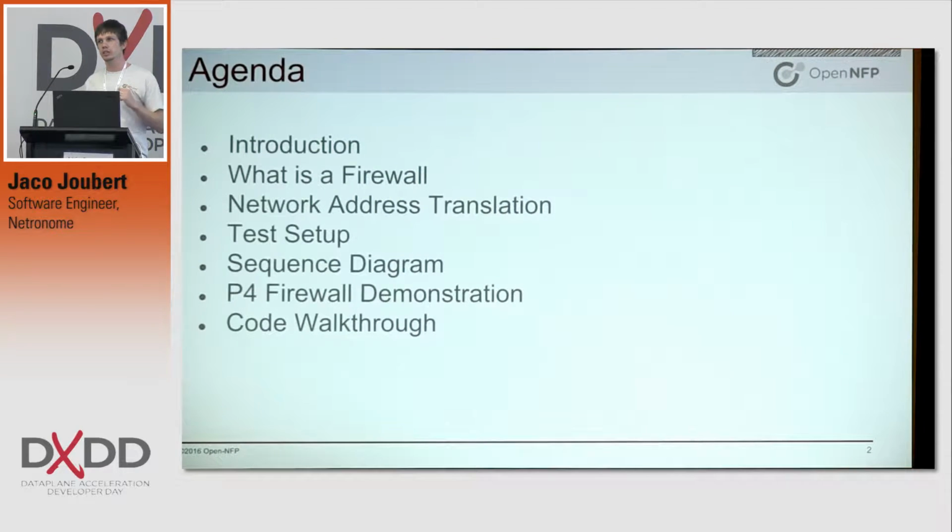Then I will show you what we are actually demoing. We are using the firewall as an example, but we are actually demonstrating the functionality that you have using the software development kit. After the demo, I will do the code walkthrough so that you have more idea what's going on before you just see a bunch of code.